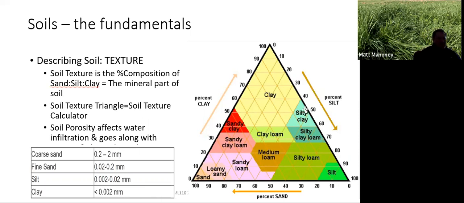For example, a silty loam might have in the order of 70% silt, 30% sand, and maybe 10% clay. Whereas a silt will have an even higher proportion of silt and less of the others. That's how we determine the texture using the soil texture triangle.